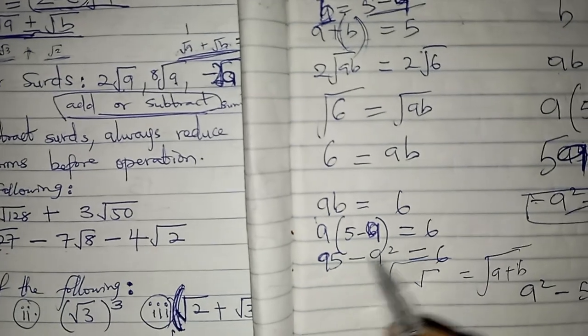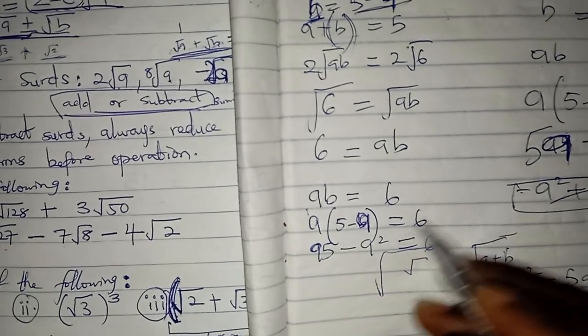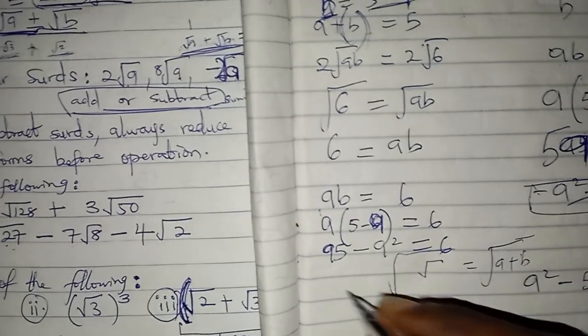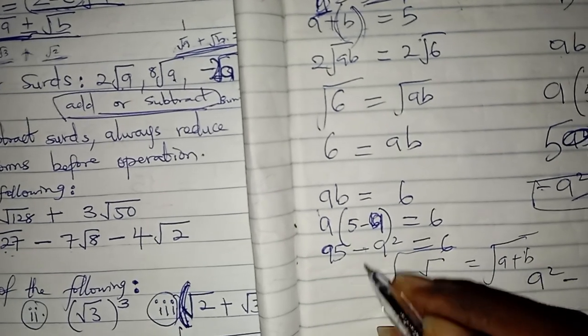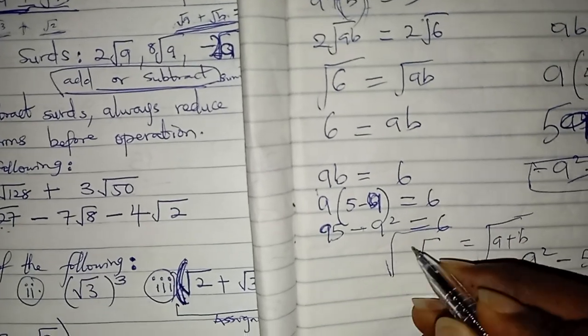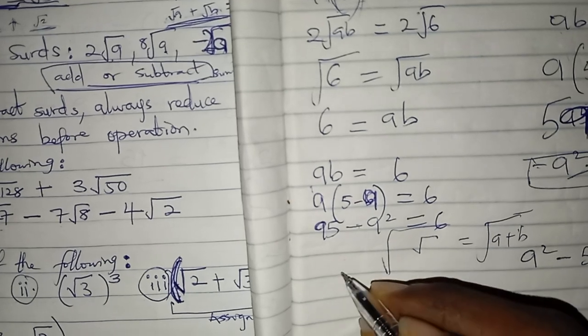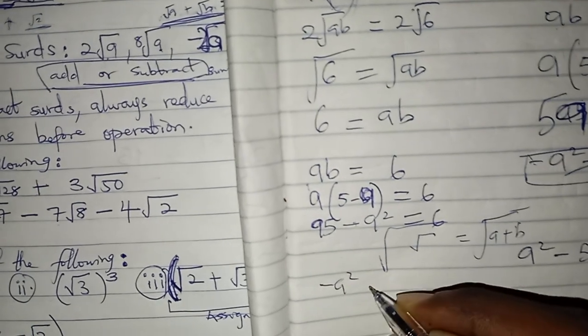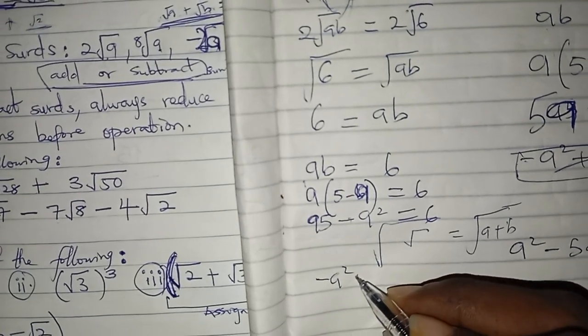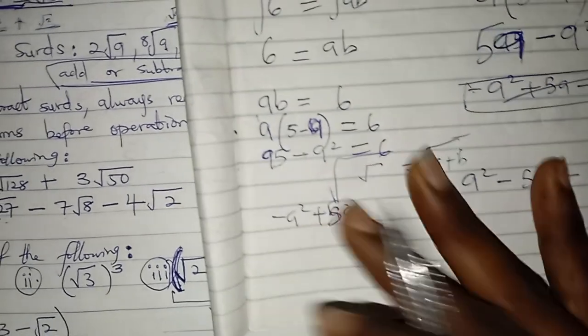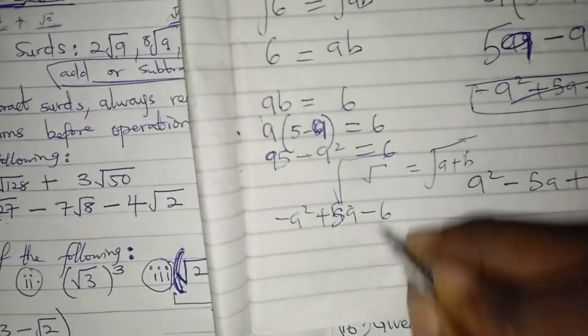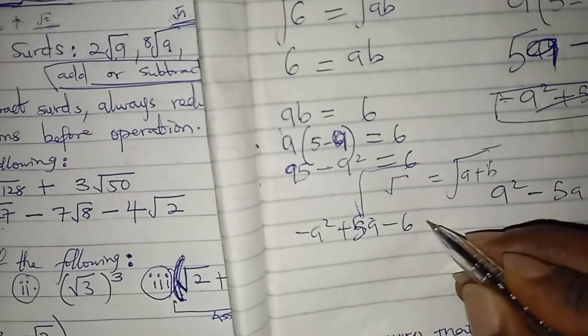So now that I have this, I can say crossing equality sign. This is going to be the same thing as saying, because I don't want to have the minus, minus a square plus 5a minus 6 equals 0.